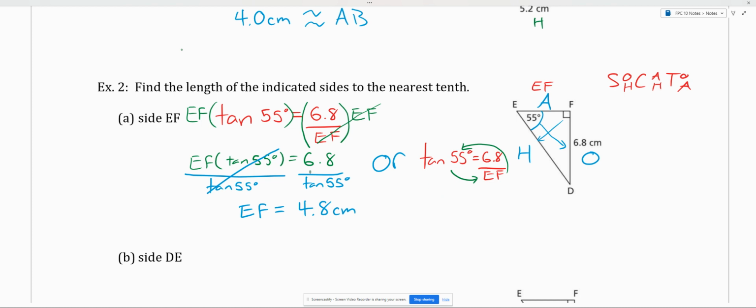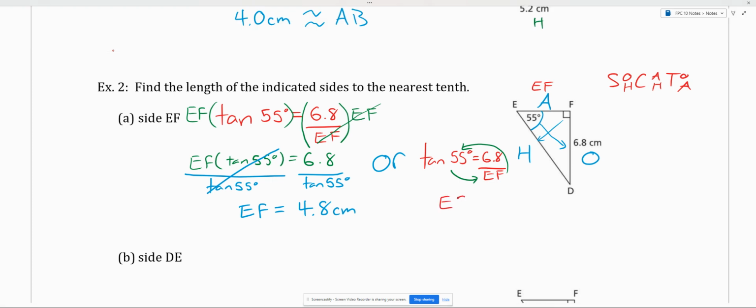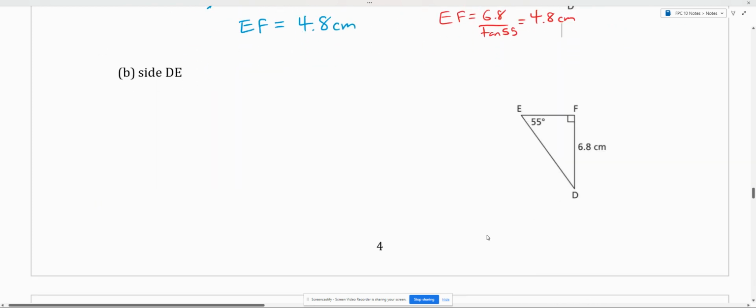We see that over here with our algebra. So if you can remember that, you can create yourself a nice little shortcut to determine that, oh, this is the same as EF is equal to 6.8 divided by the tangent of 55, which will give you the exact same answer rounded to 4.8 centimeters. Okay, so that's a nice shortcut to save you those two algebraic steps.